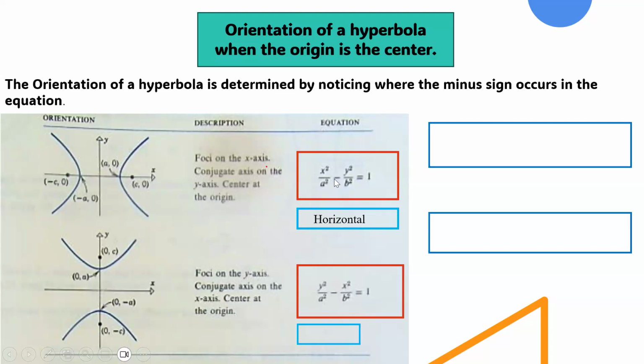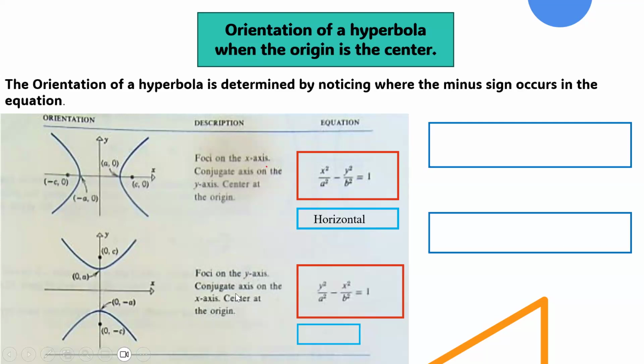So what we can look at is the minus sign. Or we can also say that when our x² term is positive, then the orientation will be horizontal. Our hyperbola will look like this. The second diagram, we see that the foci are on the y-axis.